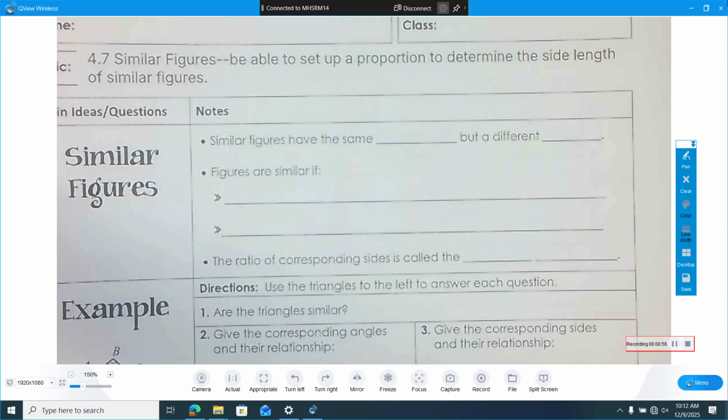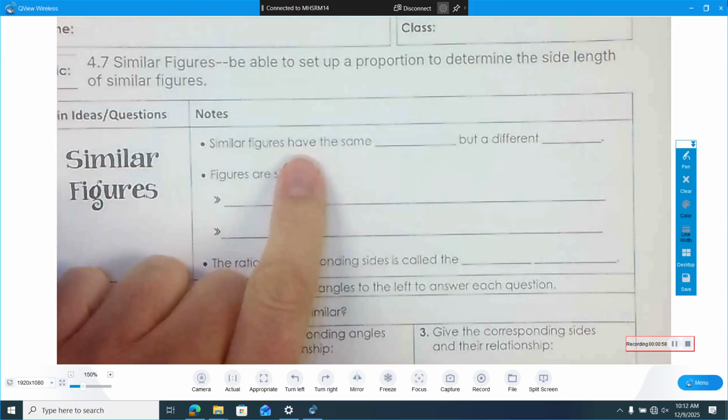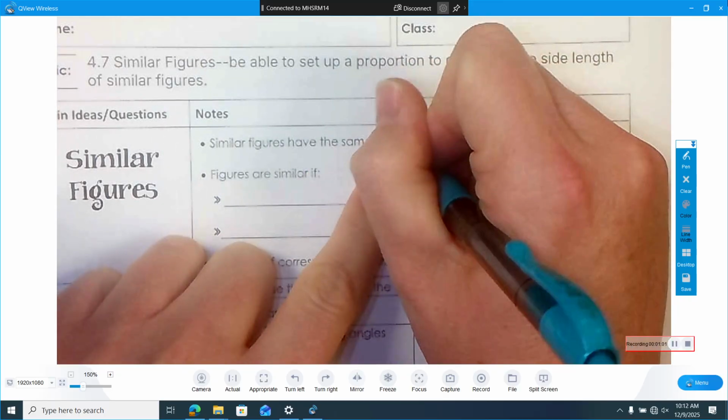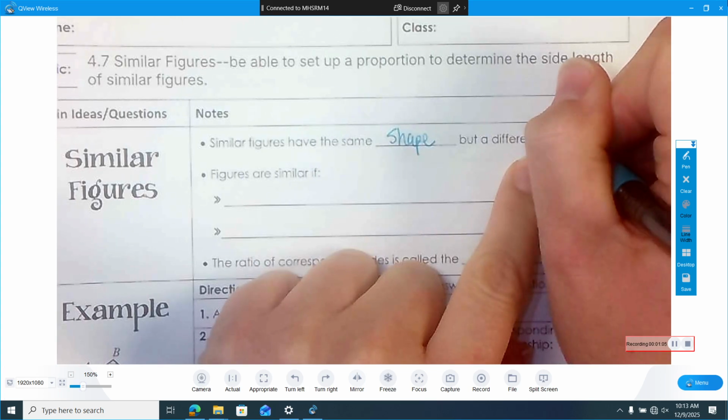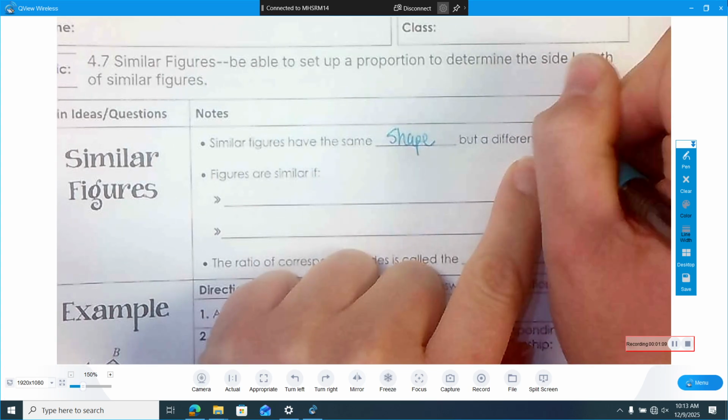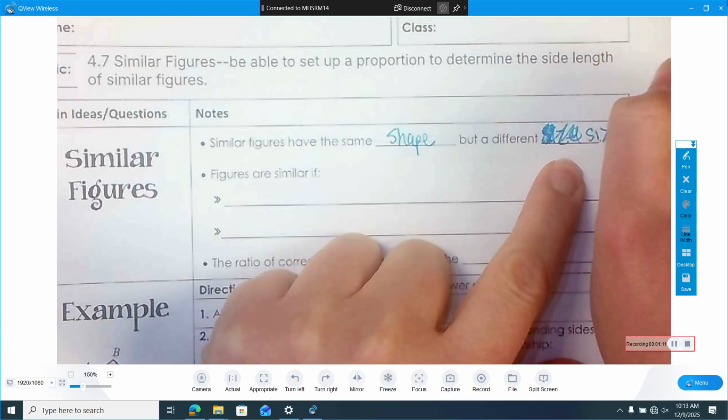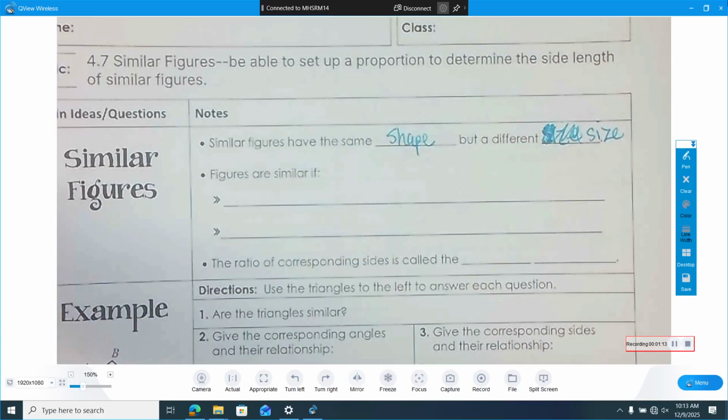But similar figures are pretty nice. Similar figures have the same shape, but a different size.